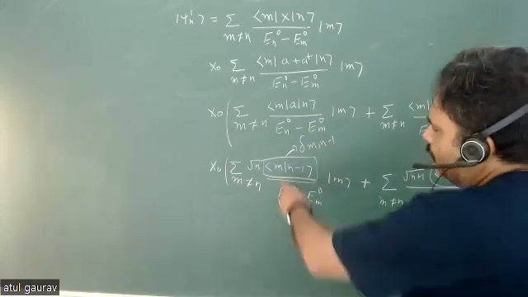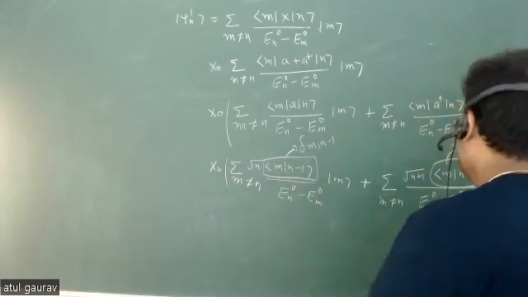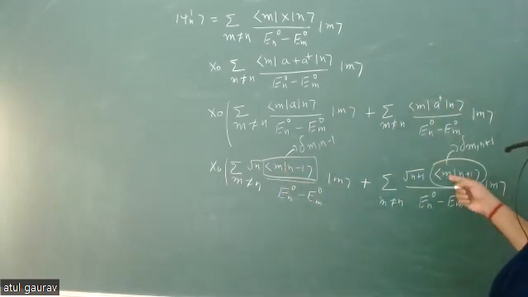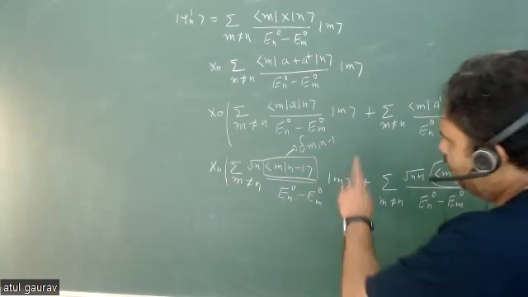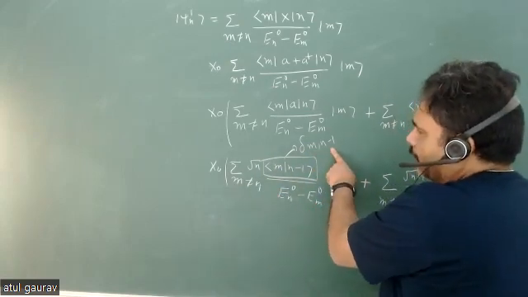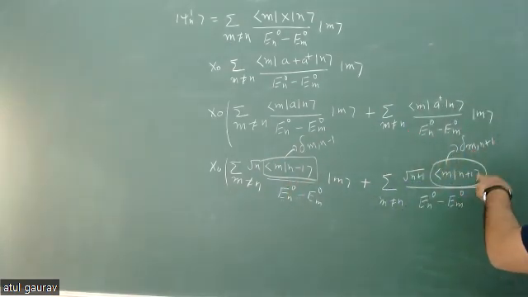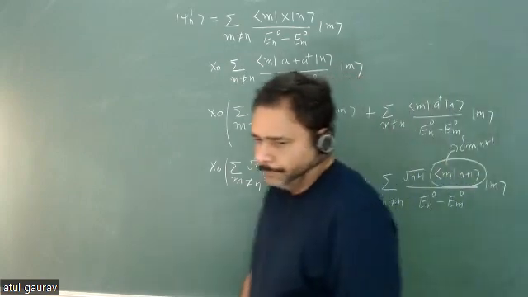So this value will not survive, rather it will go to 0, and this value will also not survive, except in one condition. Here if m is equal to n minus 1, then it is going to survive, and here when m is equal to n plus 1, then it is going to survive.